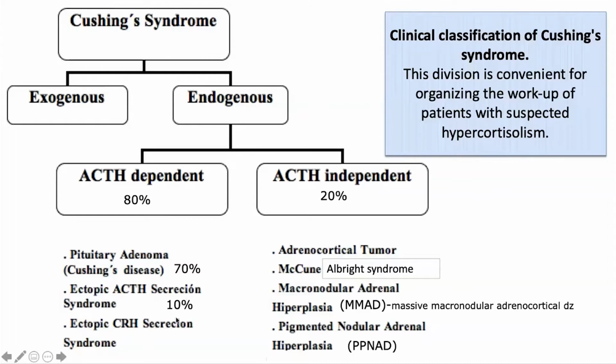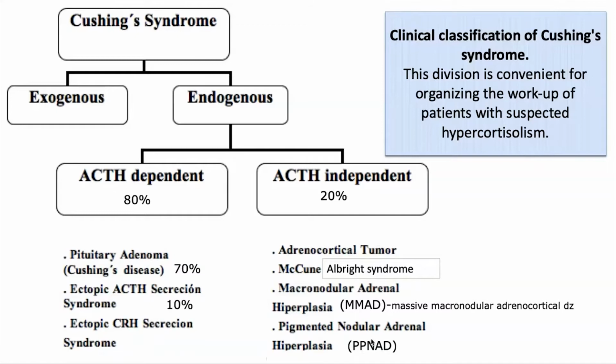And then for the ACTH independent, there is an increase of cortisol, but ACTH is not increased, meaning it's not related to ACTH. It's not coming from the pituitary, it's not due to ectopic ACTH, but cortisol is increased due to local causes. For example, an adrenal gland tumor, the adrenal cortical tumor, or when patients have McCune-Albright syndrome, or primary hyperplasia of the adrenal gland.